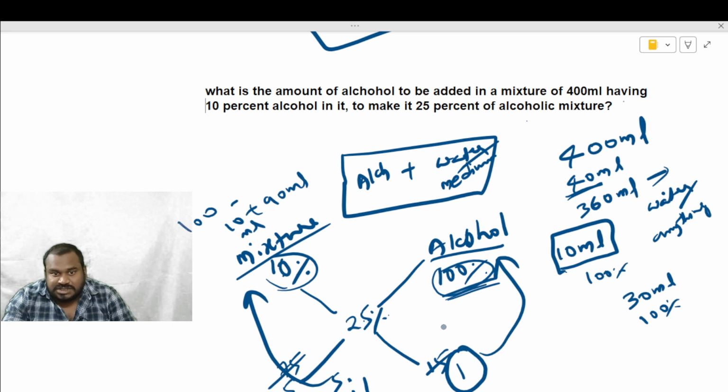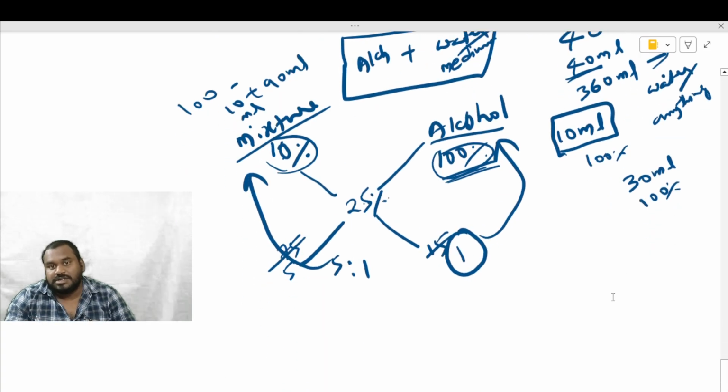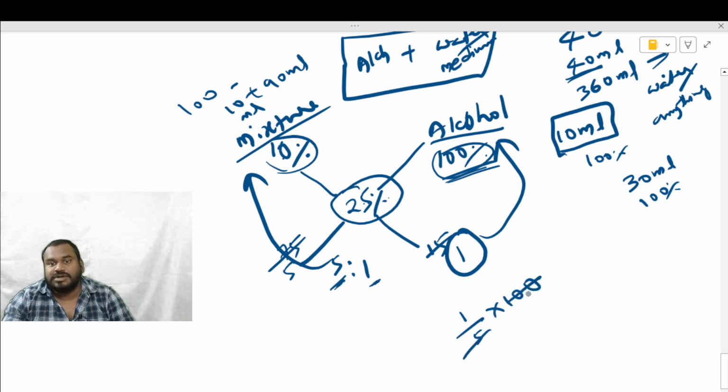So the mixture I want to make what? 25%. So to make it 25%, in the mixture, 5 parts are there and alcohol is 1 part. So 1 out of 5, how much percentage is it? That's what you need to find. 1 on 5 is 20%.